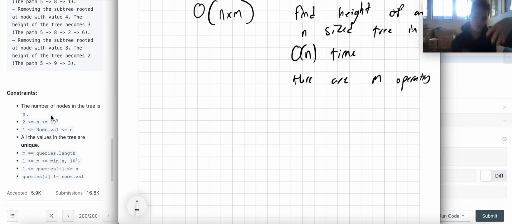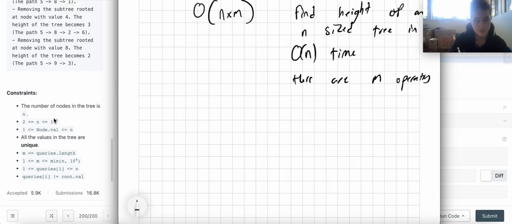Essentially, you remove a node from a subtree that you're querying, find its height, save it, put the information back, and then do that for every single query, right? Each time you try to find the height of the resulting tree after a query, that's going to take n time, and there's m such times that you have to do that, so that's O of n times m operations.